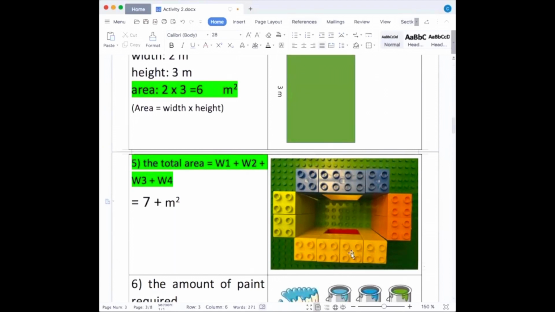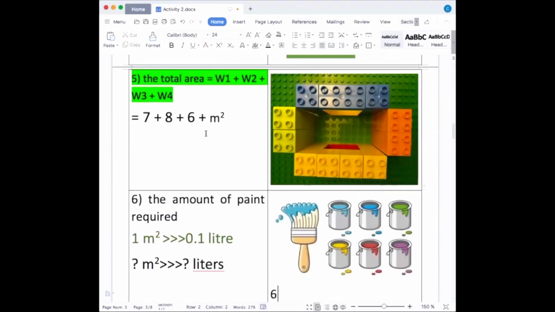We add the yellow wall, 8 square meters, and the orange wall, 6 square meters, and the green wall is also 6 square meters. So we can get the total area of this room is 27 square meters. Yes, correct.